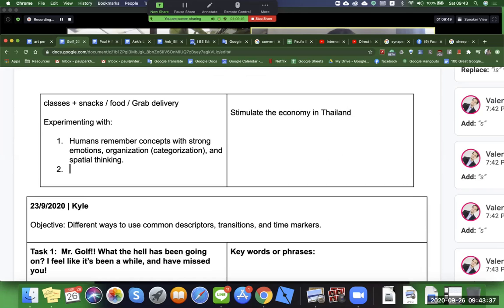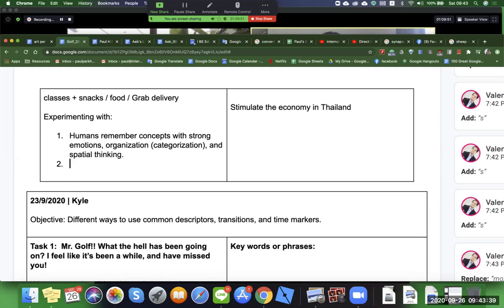So it's these 3 things: strong emotions, some kind of organization, and something connected with space, like imagining something, or a picture or a vision or some visual cues.